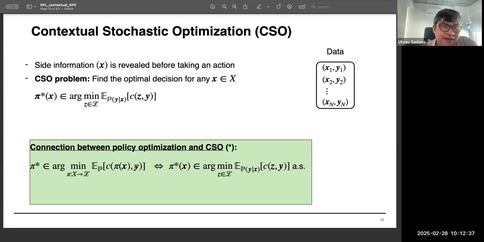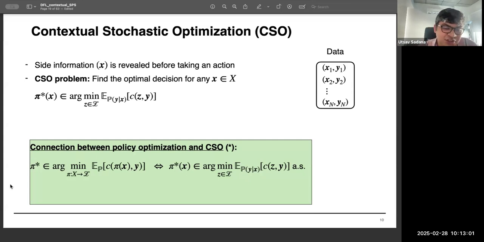So here you get a policy for each x. Sorry, you get a policy for each x. And this policy that you find is equivalent to finding, for each x, a policy by solving a contextual stochastic optimization problem. So policy optimization and contextual stochastic optimization are equivalent.